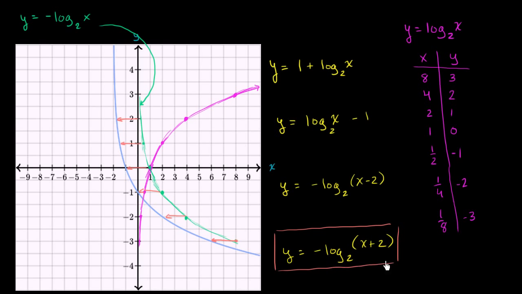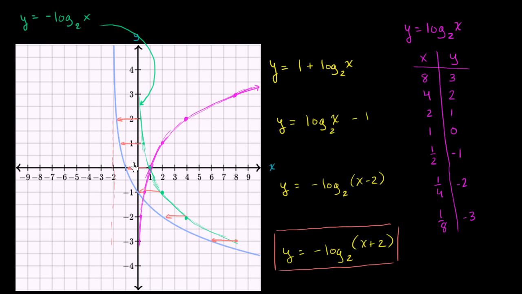And one way to think about it is, well, in the original negative log base 2 of x, we see this asymptote at x equals 0. Now we're going to see the asymptote when this whole expression, x plus 2, is equal to 0. x plus 2 is equal to 0 when x is equal to negative 2. When x is equal to negative 2, you see the asymptote right over there.